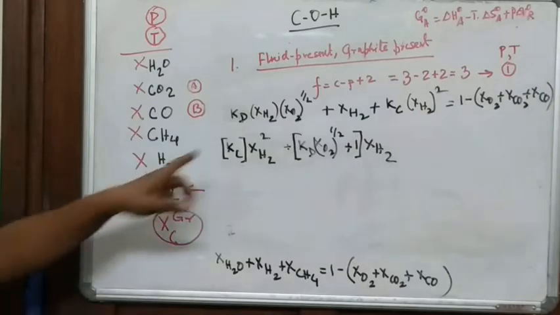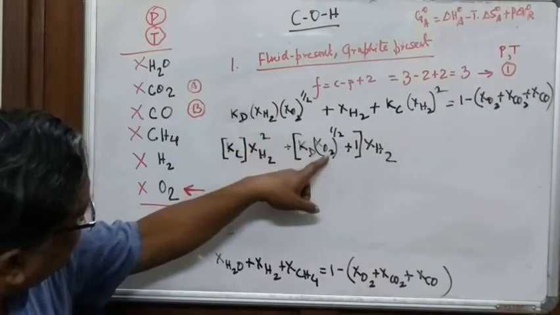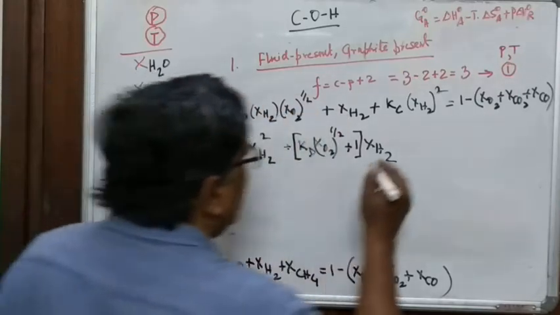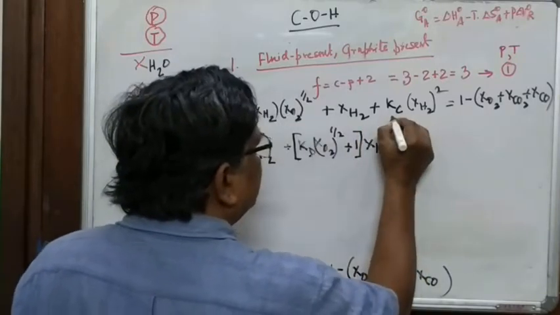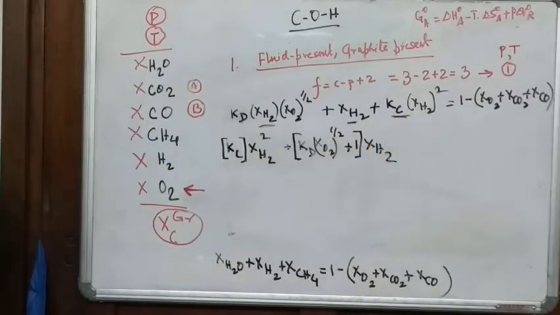So see, I have taken out XH2, I have written KD XO2 to the power half plus 1 because that is what remains here. And so I have taken care of this term, this term, and this term.